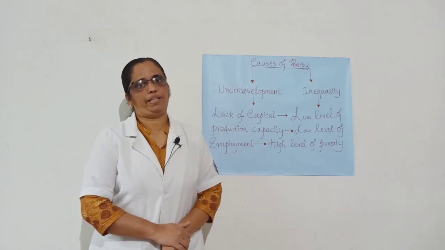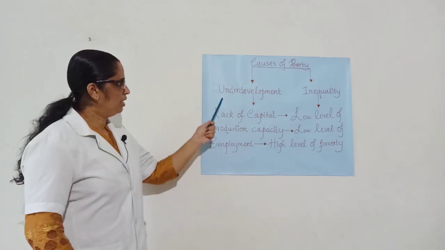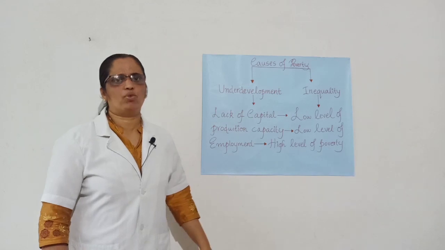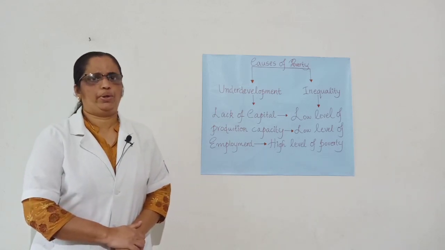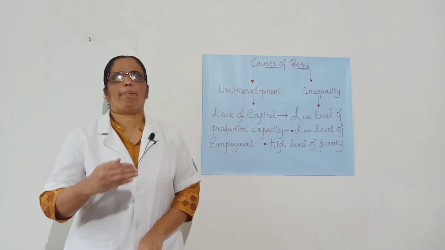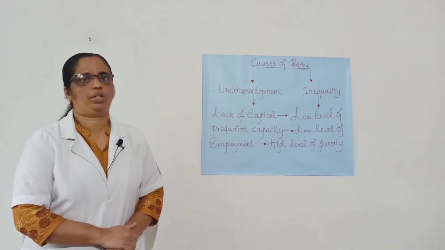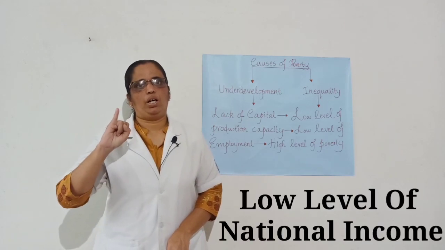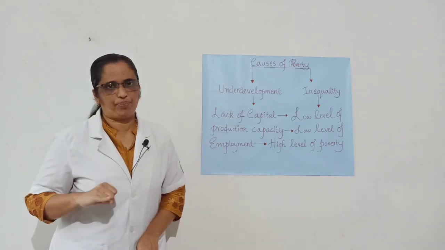Underdeveloped means less developed, the backward nature of our economy. What are the features of a backward economy or a less developed economy? Do you know? An underdeveloped economy is characterized by the following features. Number one, low level of per capita income and national income.